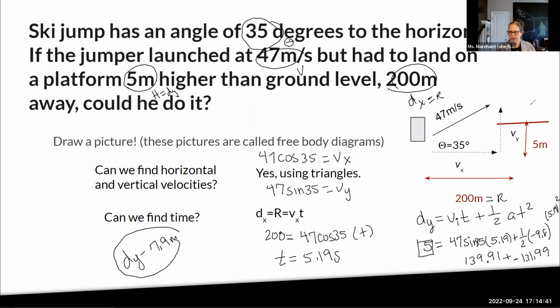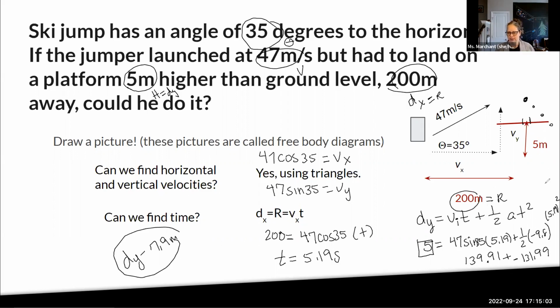That means when I landed, I ended up at 7.9 meters. So if the platform is only like 1 inch wide, I would not make it because I'm still too far up and I would go over here. However, if they told me how wide the platform was, I could then extend my 200 meters.